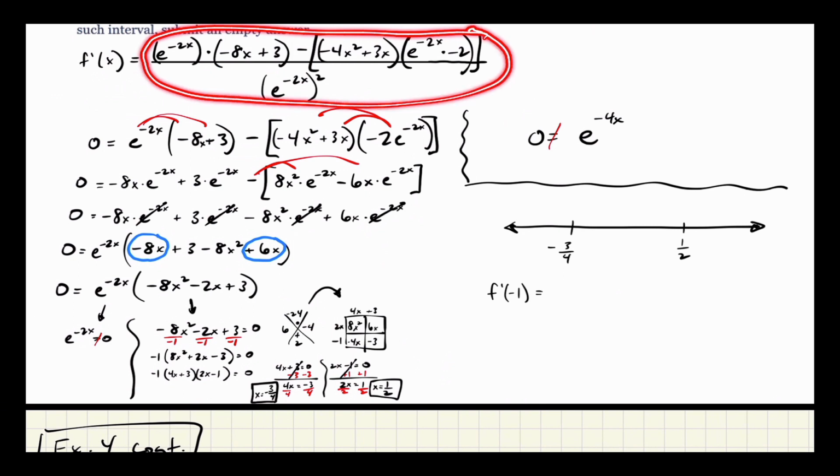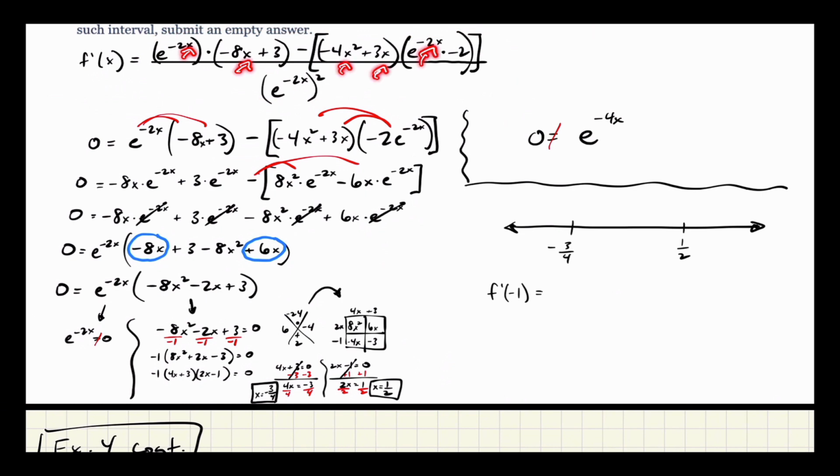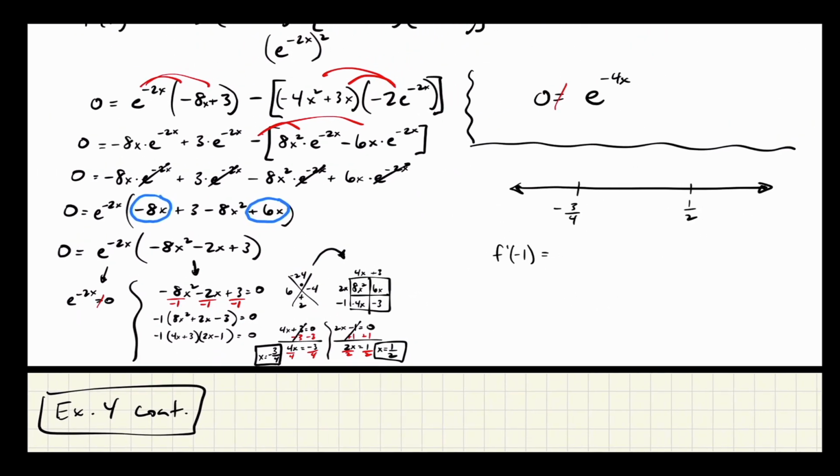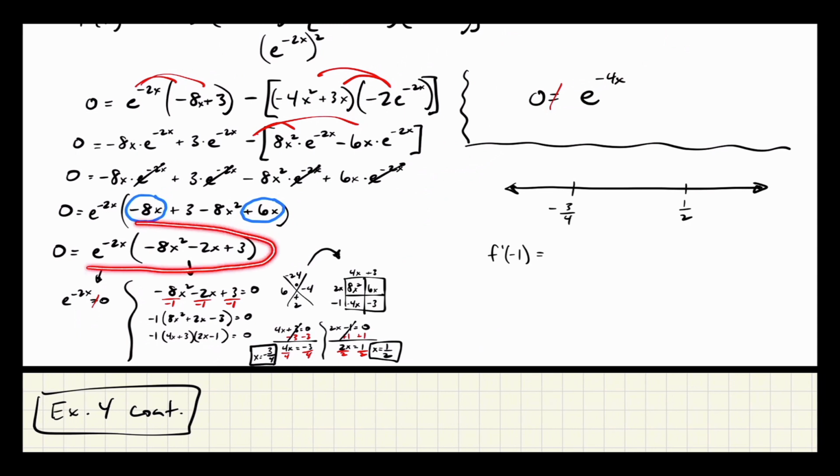You've got to plug in an x here, an x here, an x here, and here. That one I really don't want to plug it into. The one I think is most appealing is probably this guy down here. It's the same thing, it's just a lot less places to plug in. This was the top. That was the bottom.